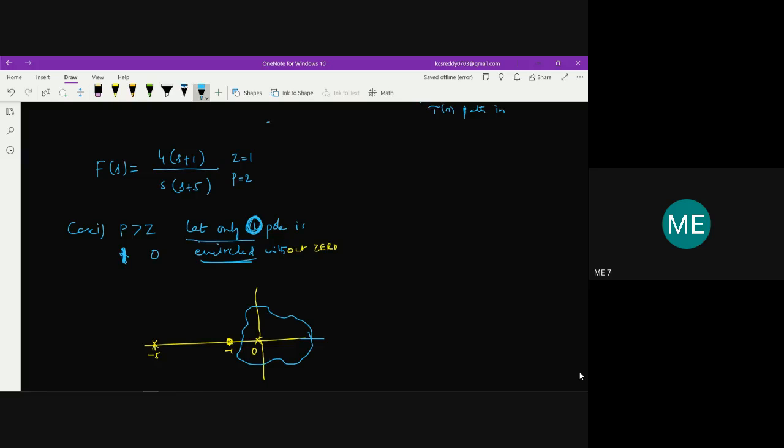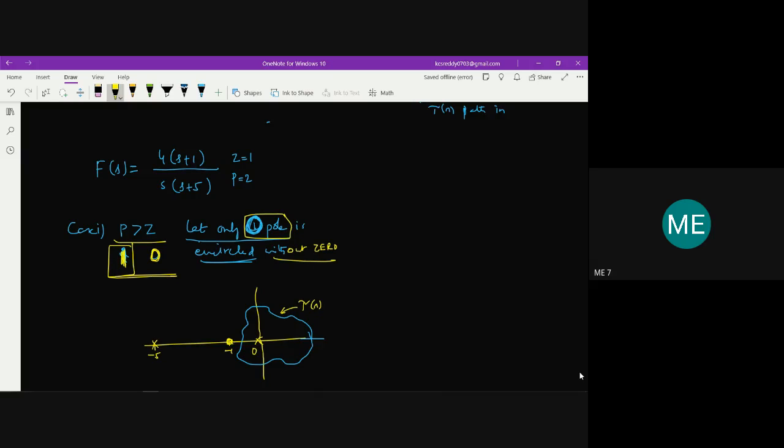The zero is outside this tau of s path. This is case 1, where p is 1 and no zeros are encircled. So only one pole is encircled.